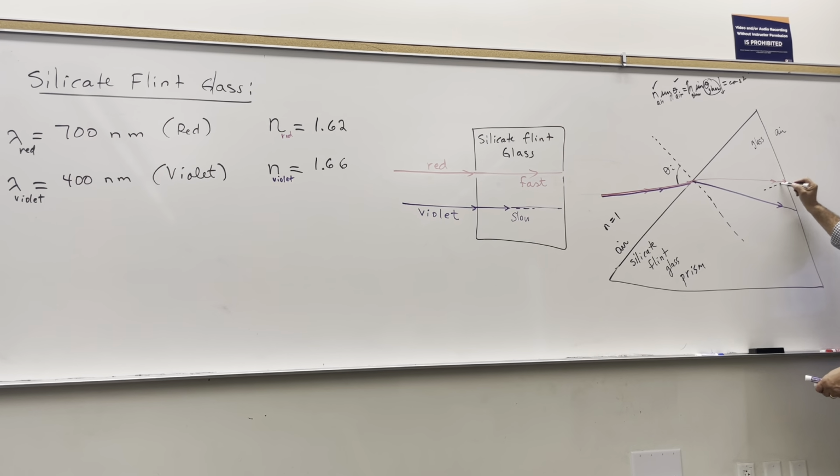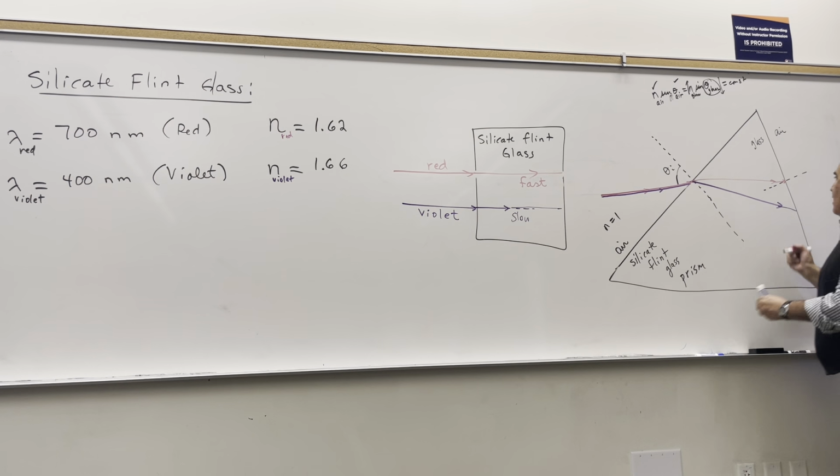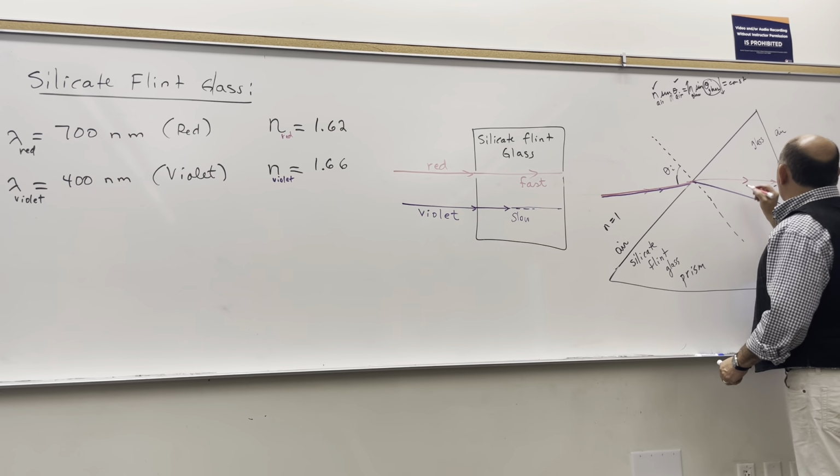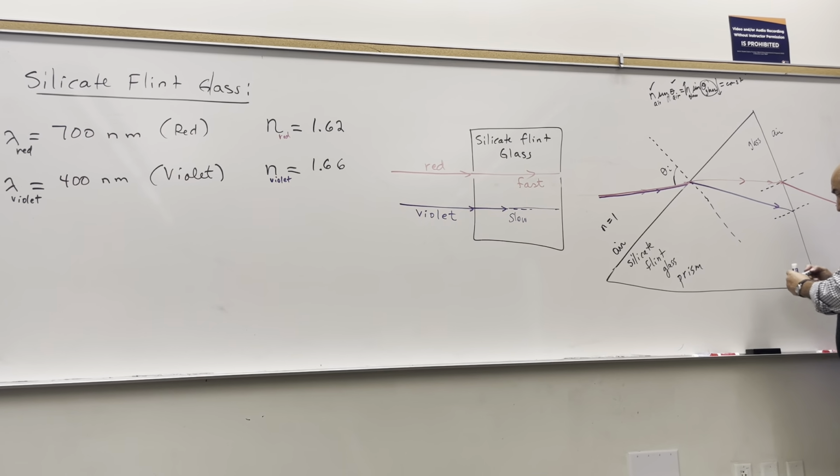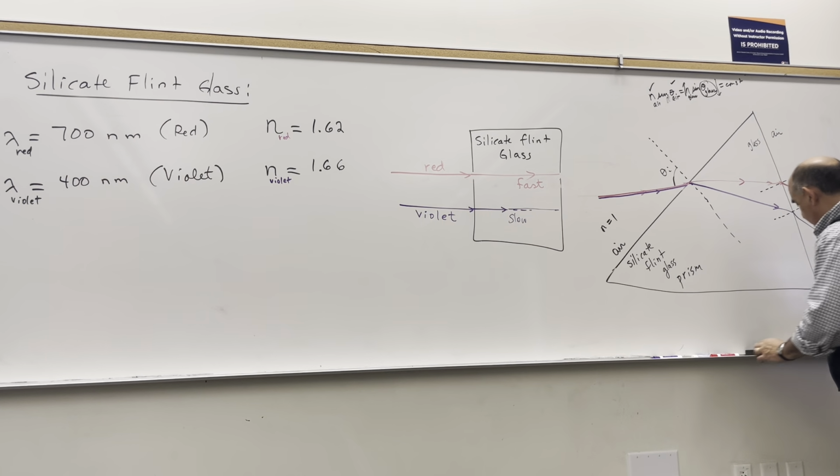If you draw the normal over here, will the red light travel away from the normal or towards the normal when it goes from the glass back into the air? Away, correct. And what about over here? For the violet light, will the light ray bend towards or away from the normal when it travels from the glass, where it travels slow, back into the air where it travels faster? Away.